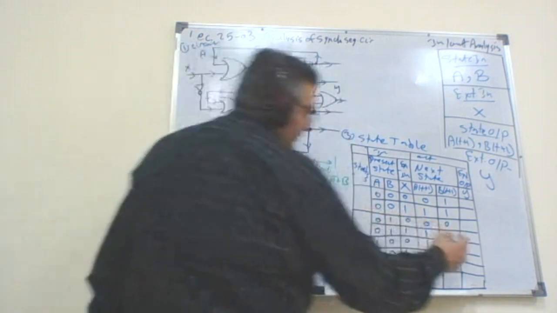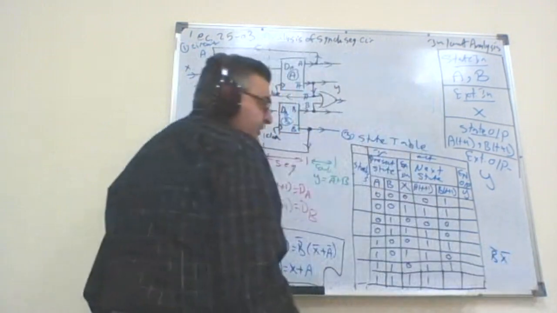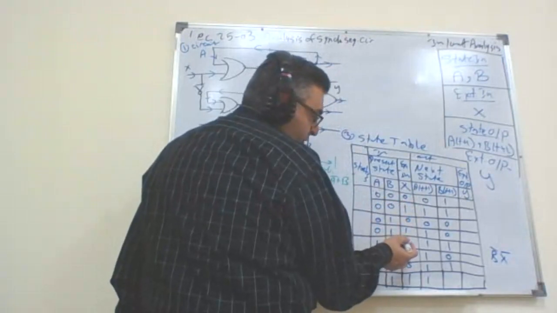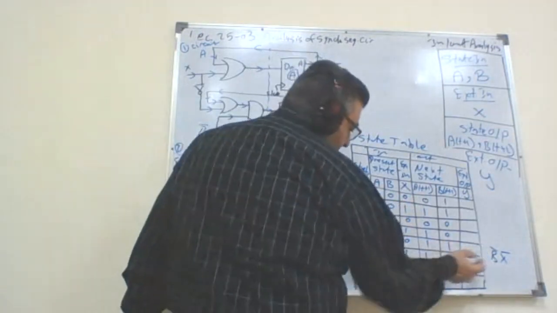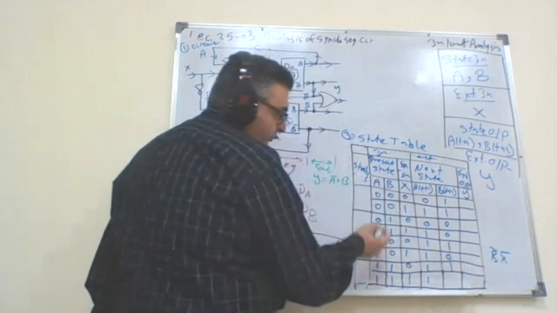So it is simply b bar x bar. That means when b equals 0, it is x bar.